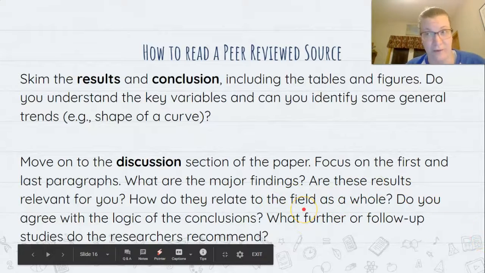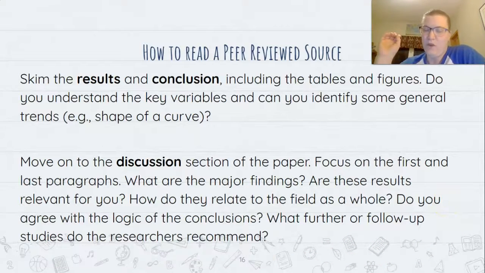The other thing that's really nice about this is that it will also tell you what other sources you can follow up with, or what you can do further research with. They'll actually point you to other research. So definitely read the discussion to see what route they think people should continue to follow.